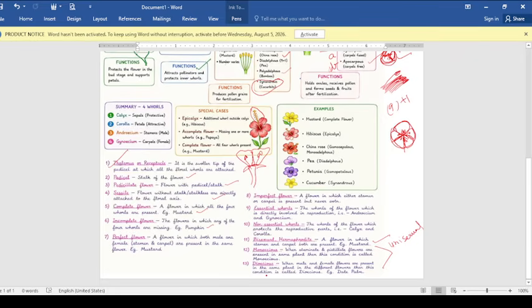But if they are present on two different plants, as in date palm and papaya, it is called dioecious. These two points are very important from the examination point of view. From this chapter, they may ask you to draw diagrams or definitions, and some more special terms which we will discuss in the next class.